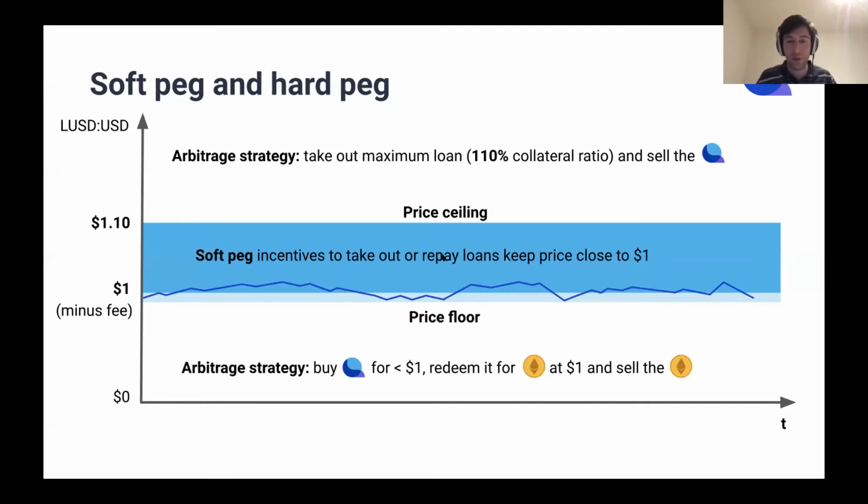But in between, there is still this kind of mechanism: as long as people expect that this works out in the long run, the market should price LUSD at a price close to $1 most of the time. Of course, there can be temporary outbreaks, where the demand suddenly surges or drops.